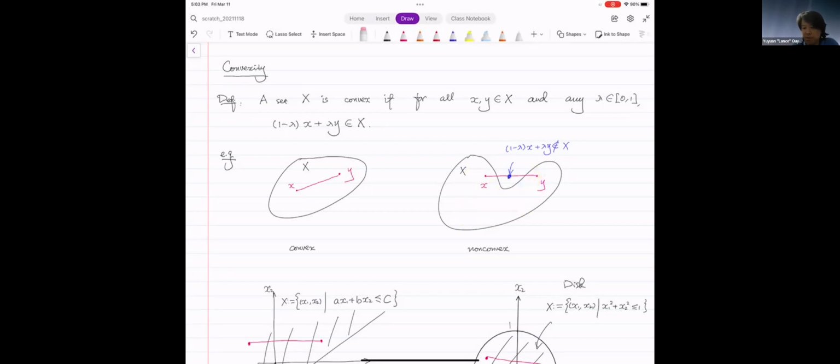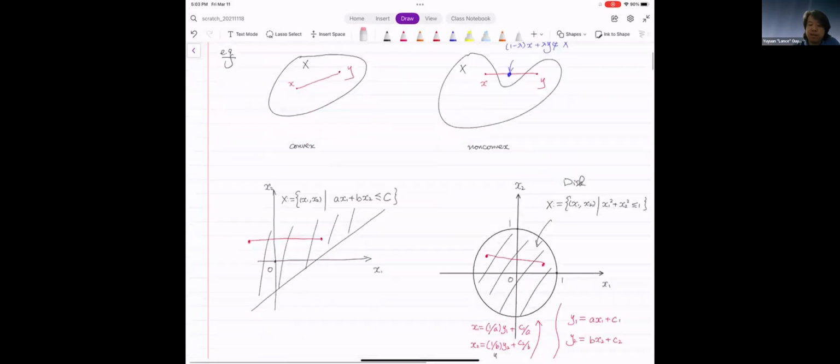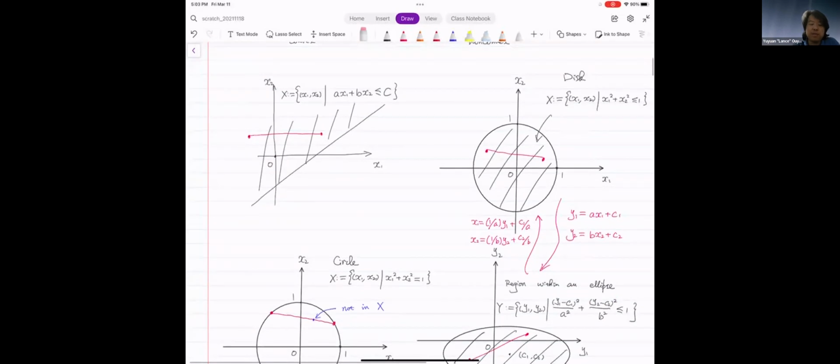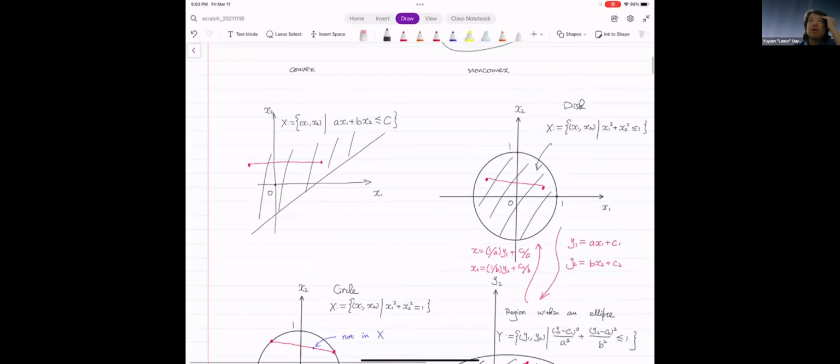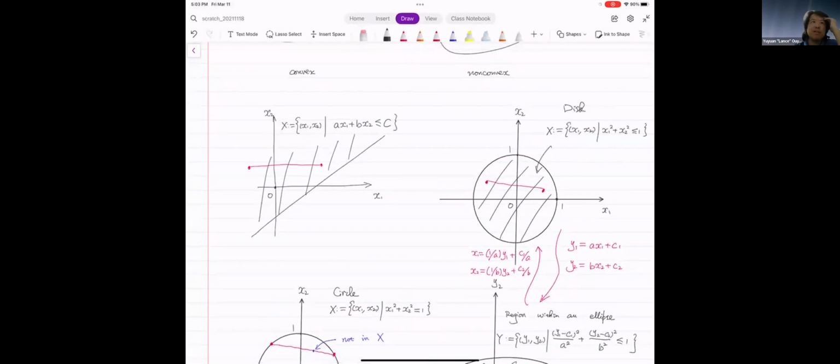So this is really straightforward. There are many examples of convex sets, and we can give some straightforward examples. For example, a half space. So when I say a half space, what I mean is that, consider two-dimensional. As I said, our discussion today is just a two-dimensional set. So consider a two-dimensional set.